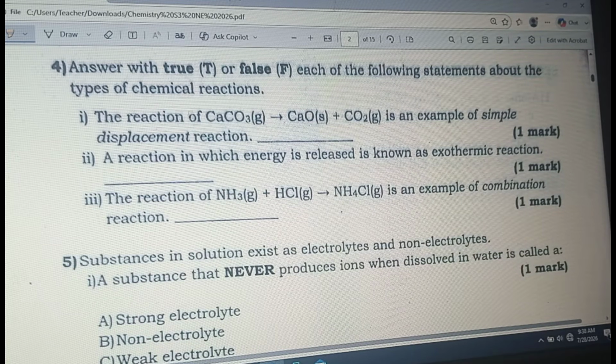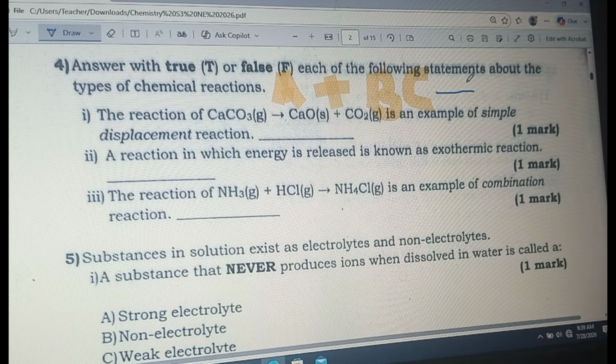Means that the correct formula of simple displacement reaction is, for example, A reacts with B and C to form AC and B. This is what we call simple displacement reaction.